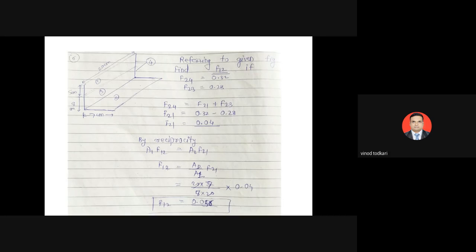What will be A1? A1 will be equal to 20 into 5. What will be A3? This dimension is 20 and this dimension is 8. So A3 is 20 into 8. What is A2? A2 is 7 into 20. What will be A4?